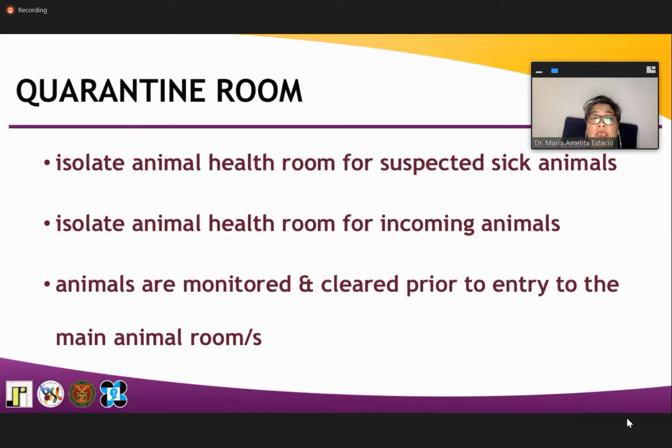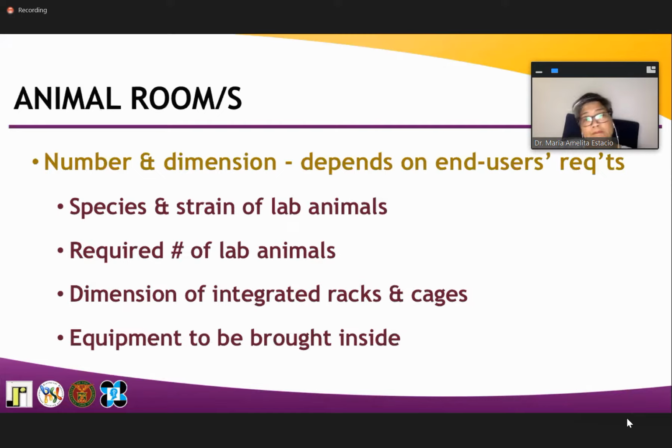So animals in this quarantine room, whether they are sick or they are undergoing quarantine due to purchase and transport, would be monitored, and of course, their health status would be checked, and appropriate clearance would be given by the facility veterinarian prior to entry to the main animal rooms.